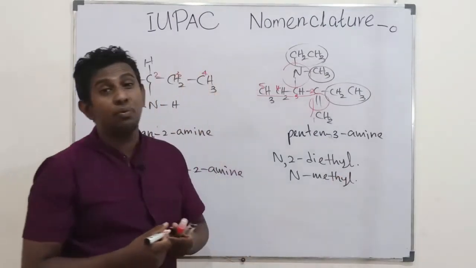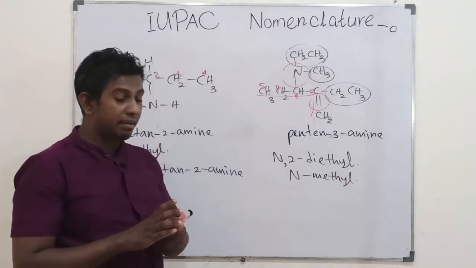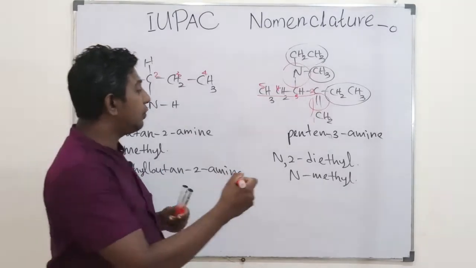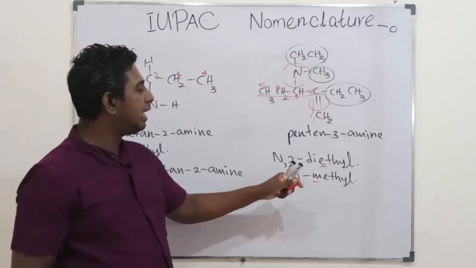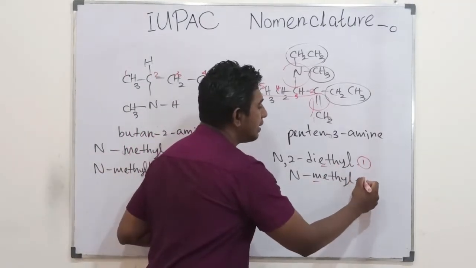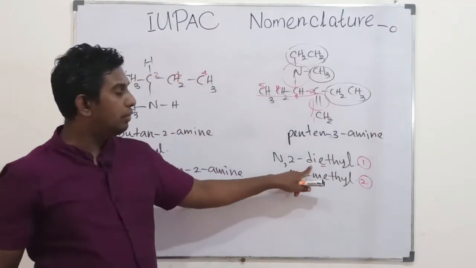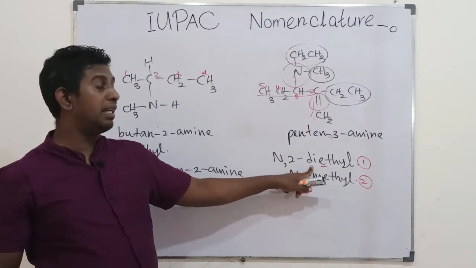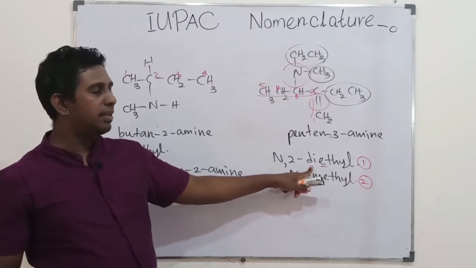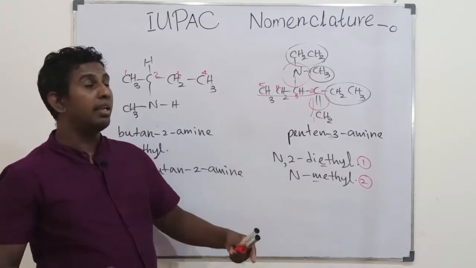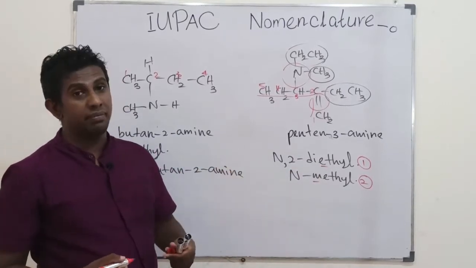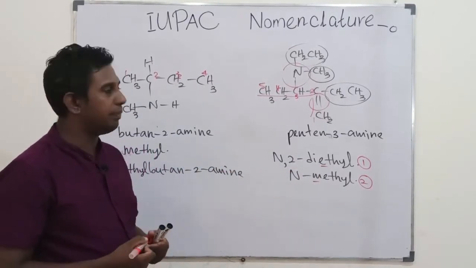Then you have two prefixes to be given, ethyl and methyl. Out of those, you need to consider their alphabetical order. E comes first, therefore this is the first, this is the second. Though you have di, tri, tetra, penta, their first letter is not considered, but the first letter of the prefix we consider there.